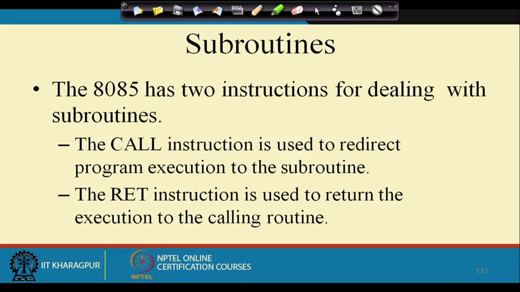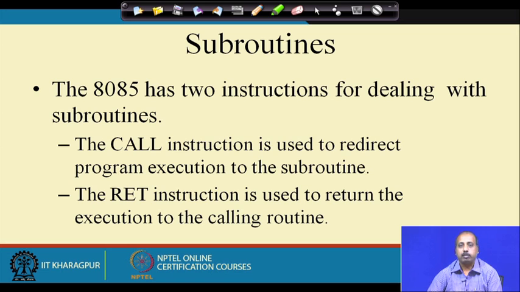You can understand that it is the responsibility of the processor that when it goes to the call, before starting the subroutine, it should save the address of the instruction just after the call, so that it can return to the appropriate address.